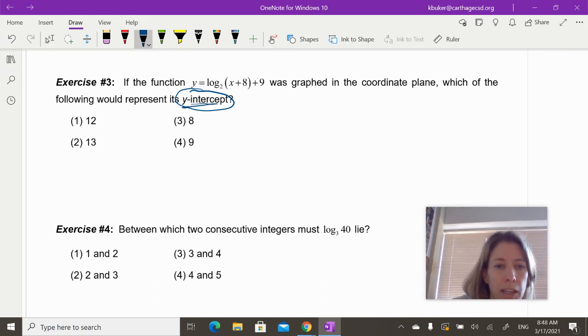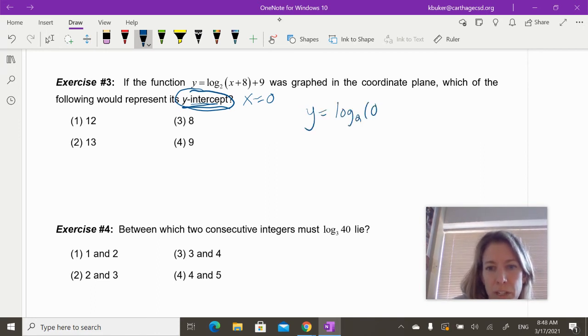Well, again, I've mentioned this before. Once you hear y-intercept, you should think, oh, x equals 0. And that will allow us to solve for y. So y equals log base 2 of 0 plus 8, plus 9. Well, that's the same as y equals log base 2 of 8 plus 9.